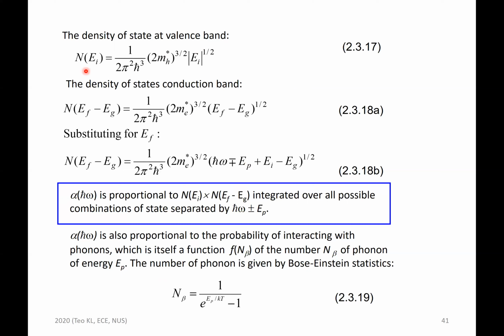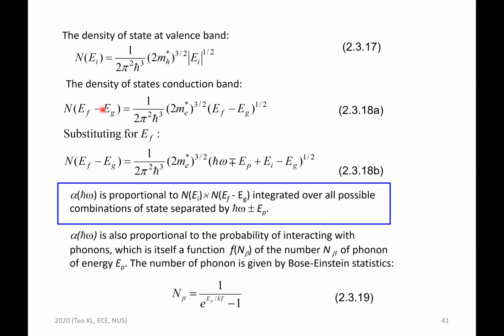The density of state for the initial electron at the top of the valence band is given as this value. You studied this in Prof's course for the density of state. In the valence band, we involve the hole effective mass. Now, the density of state for the conduction band will be EF minus EG.